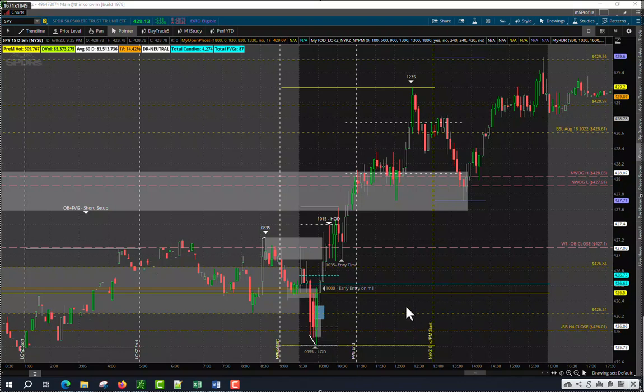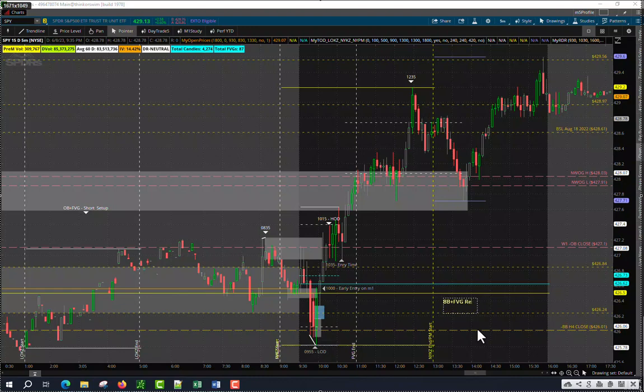So the setup right here is what we call breaker, fair value gap, retest.